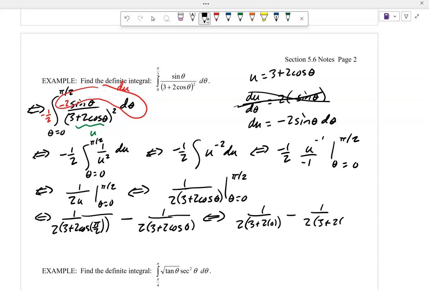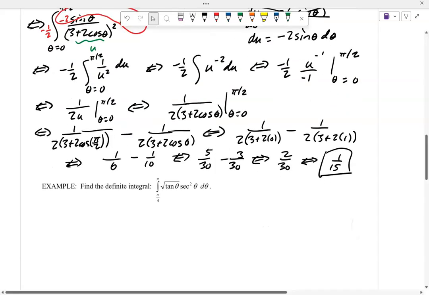Cosine of 0 is 1. So we got 1/6 minus 1/10. So we've got 5 over 30 minus 3 over 30. So we got 2 over 30 or 1/15.